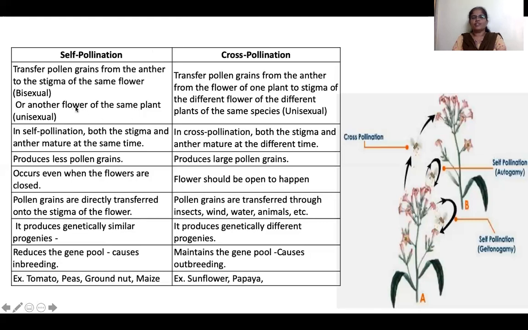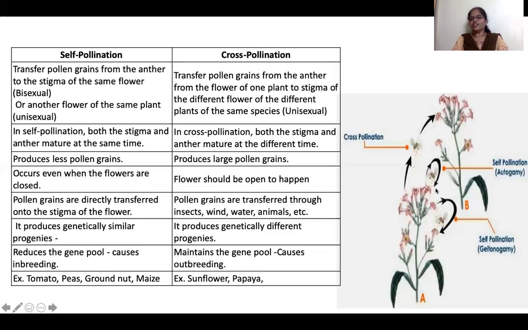If it transfers from one plant to the stigma of another plant of the same species, that is cross-pollination. In self-pollination, both stigma and anther mature at the same time.